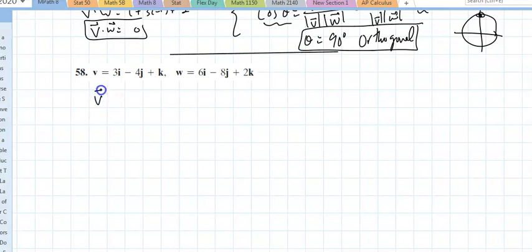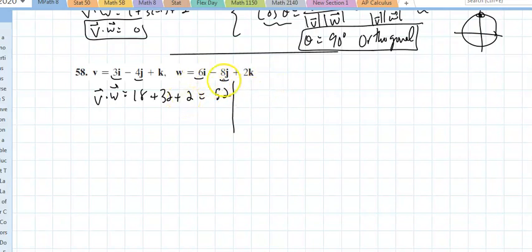Again, if I take v dot w, that will be 3 times 6, 18, plus 4 times 8, 32, plus 1 times 2, which is 2, and that turns out to be 52, right? And when they say find the angle, if you remember what we said, if you could take a vector, multiply it by a number to get the other.